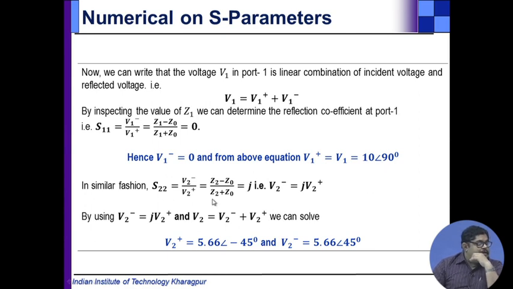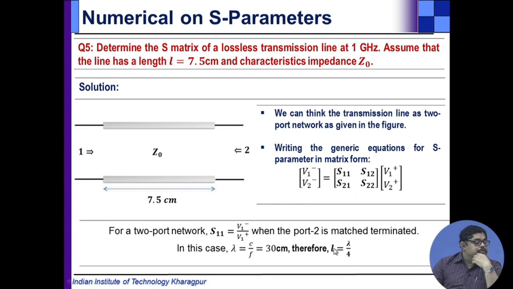In a similar fashion, you can find V2 minus, S22, that is j. So V2 minus is this, and V2 we can solve. So V2 plus is this and V2 minus is this. So, you see that problem was also solved.